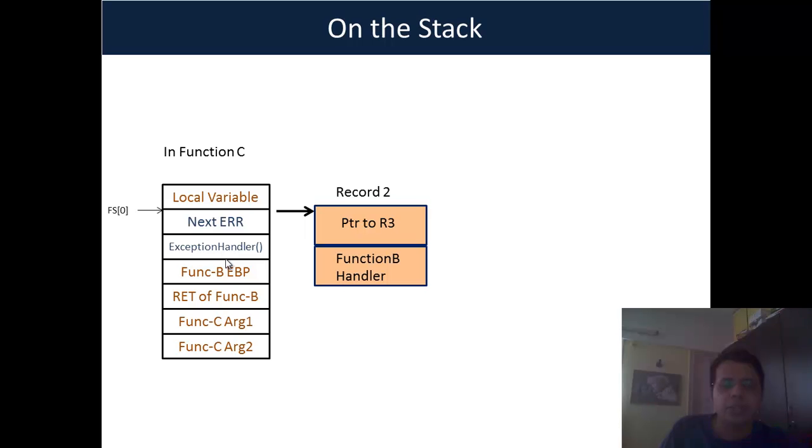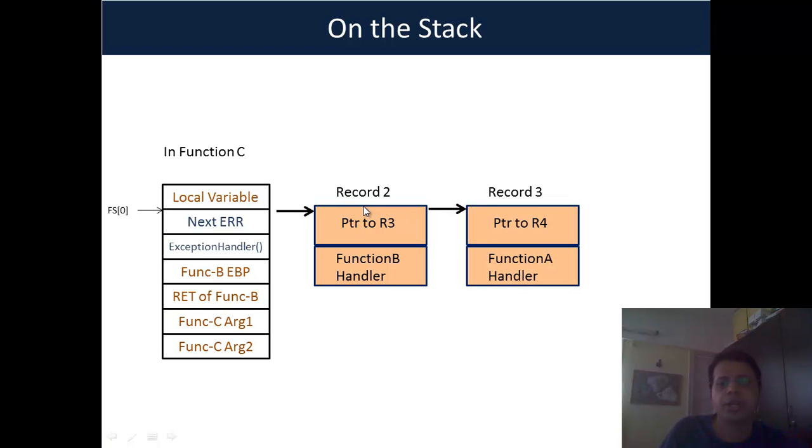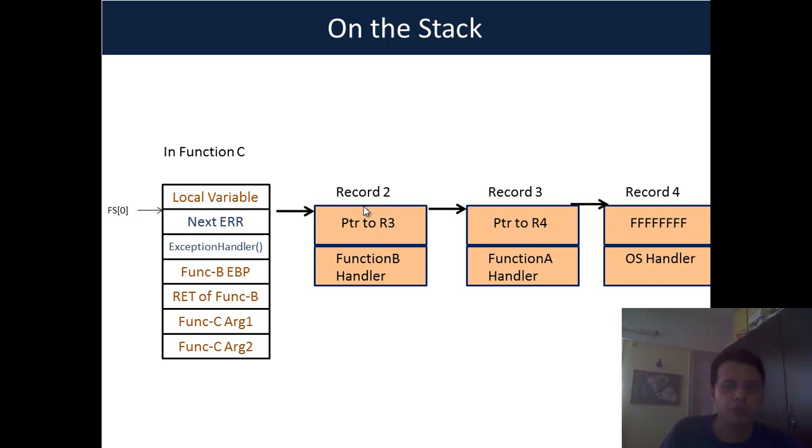Now, as we know, the next ERR actually points to record 2, which in turn points to record 3, which in turn points to record 4. One of the most important things you need to understand is that all of these records are there on the stack, as we saw in the previous video, within the stack frames of the functions in which they have been set up and may be called in the case of an exception.